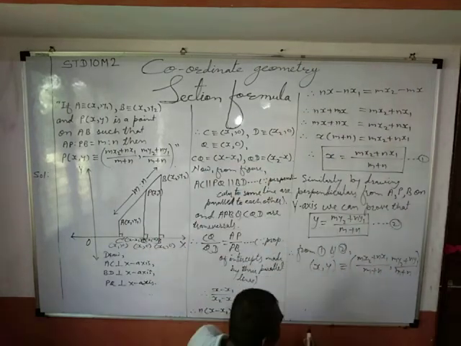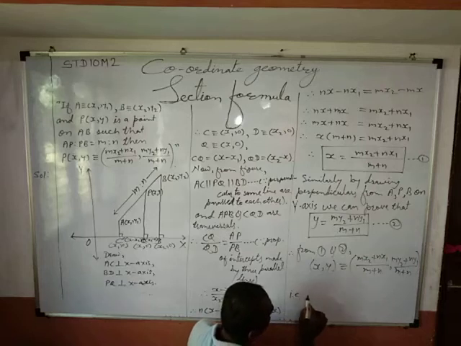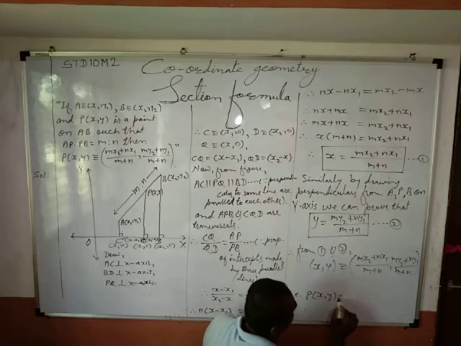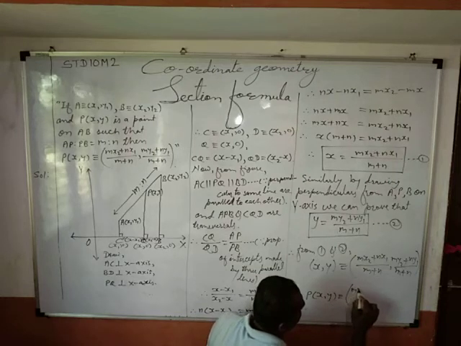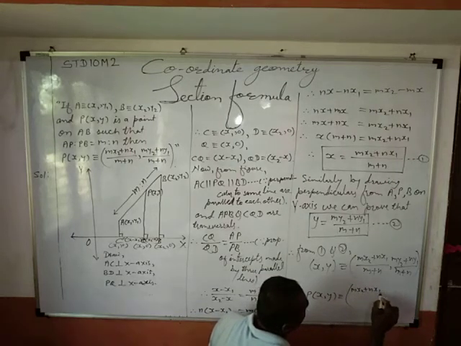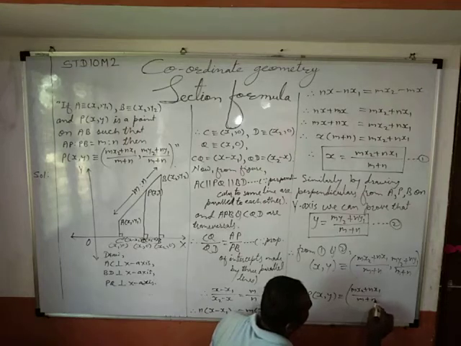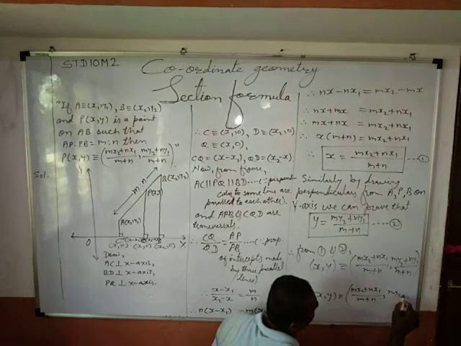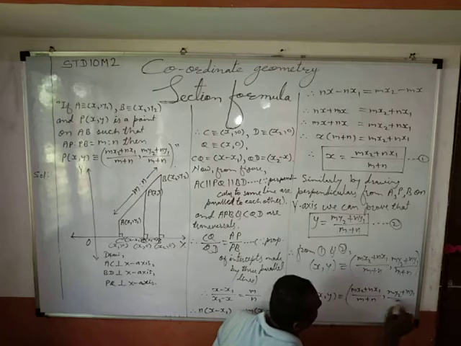That is P(x, y) is ((mx2 plus nx1) upon (m plus n), (my2 plus ny1) upon (m plus n)).